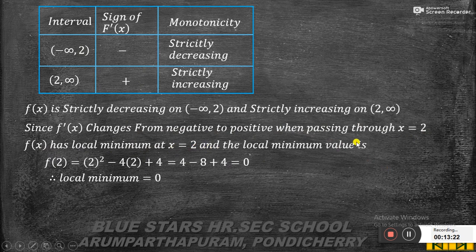Now we find the local minimum value by substituting x equal to 2 in the given function: f of 2 equal to 2 square minus 4 into 2 plus 4, that is 4 minus 8 plus 4, which gives 0. So the local minimum value is 0. This is the answer.